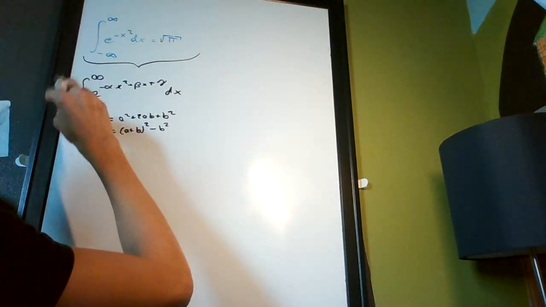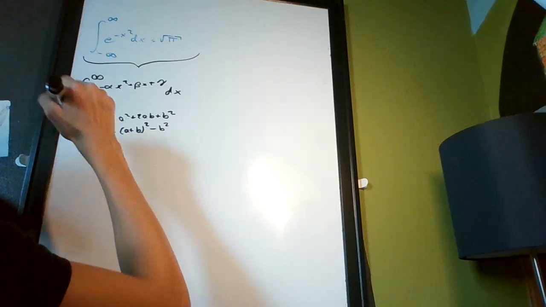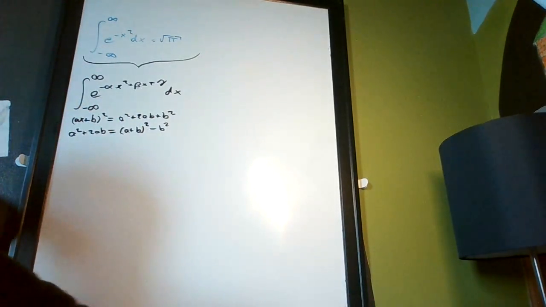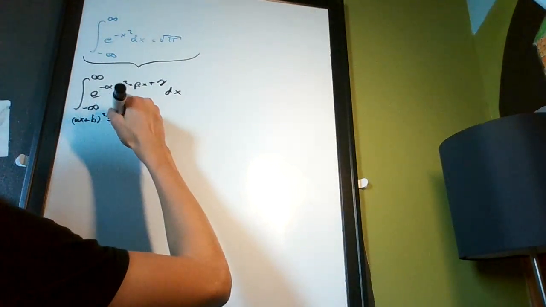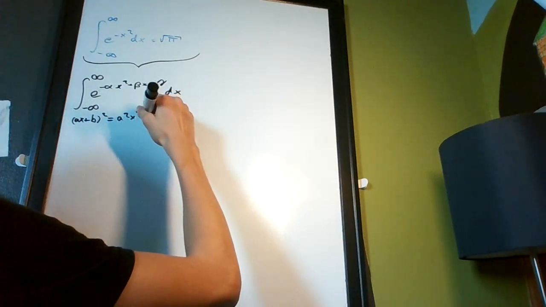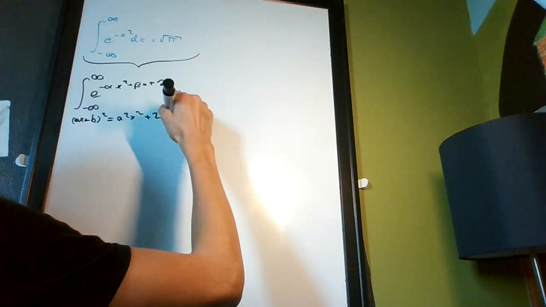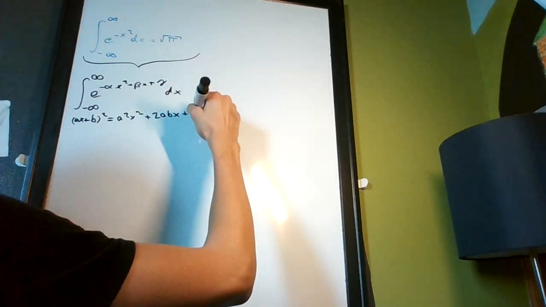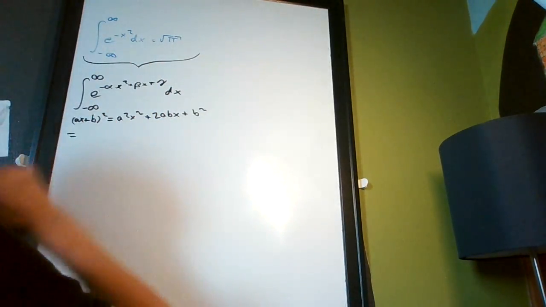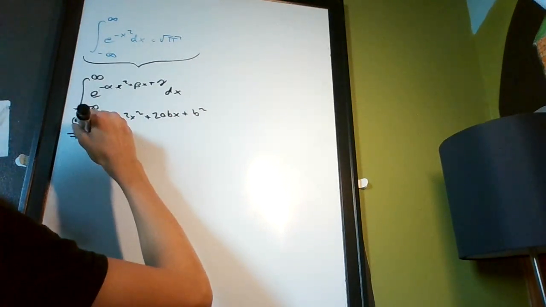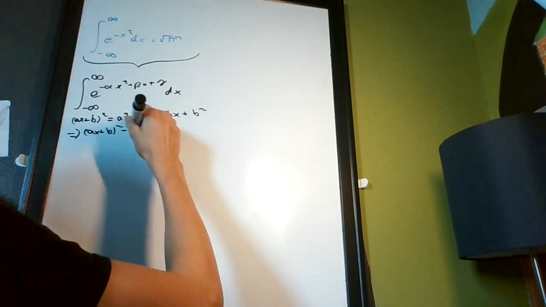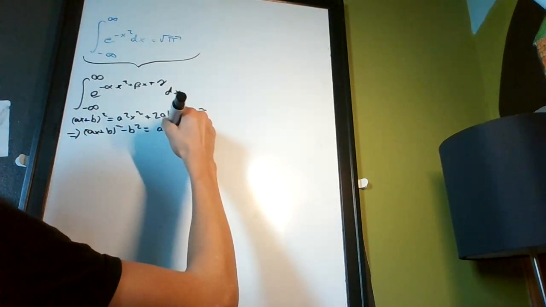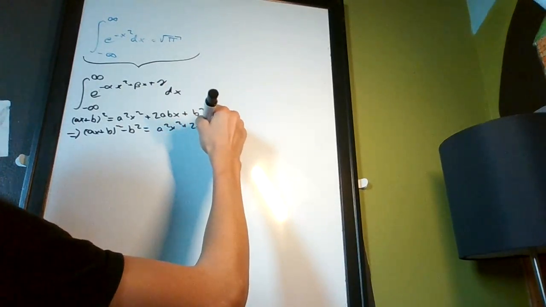Now, if I just put an x right in front of there, which I should have done in the beginning, right? I get something similar, a squared x squared plus 2ab x plus b squared, and I get that ax plus b squared minus b squared equals a squared x squared plus 2ab x.